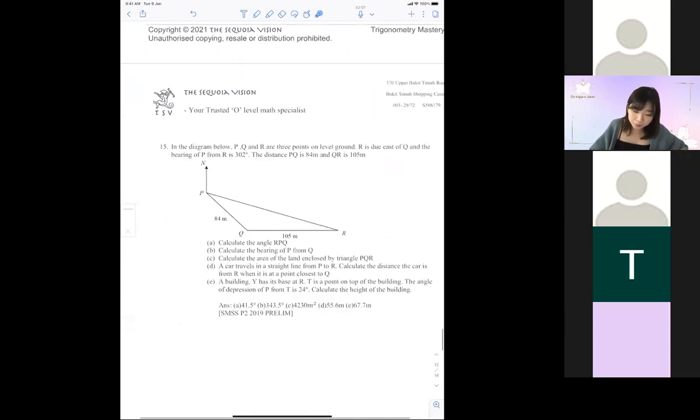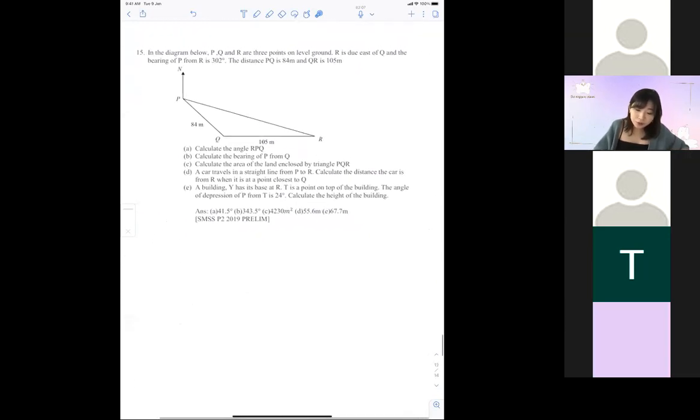All right, okay, next one. Let's look at 15. First thing they say is that R is due east of Q, so draw. Then you know that there's a 90 degree, so you must draw your north first. Randomly draw one, then this is 90 degree. And the bearing of P from R, so from R you also must draw a north.